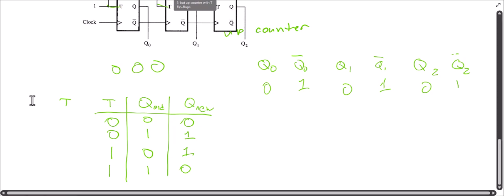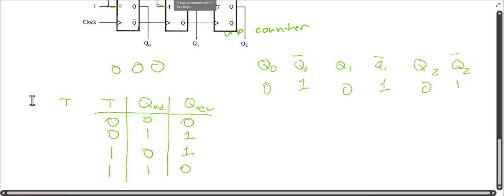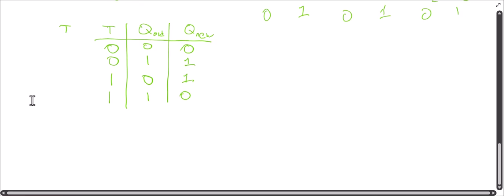And when T is 1, you have a toggle. So what does it mean to be at a positive edge? A positive edge means that you are going from 0 to 1.